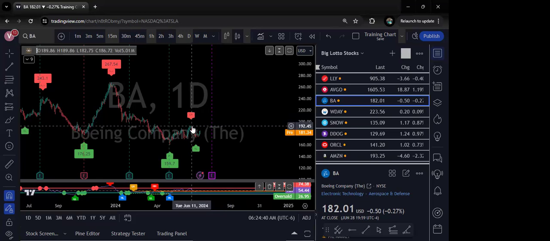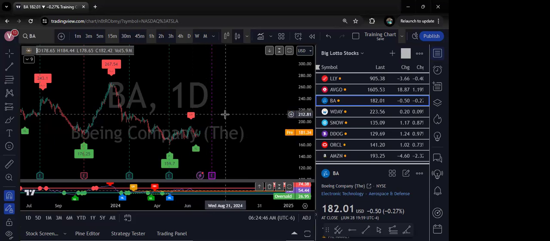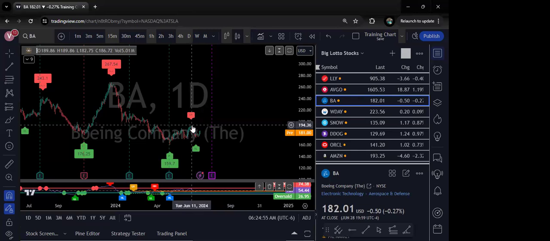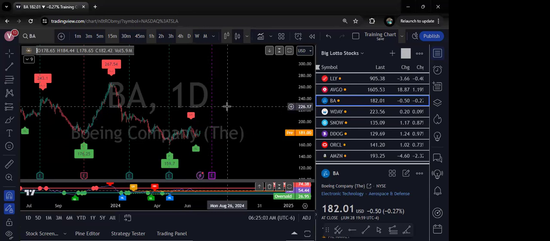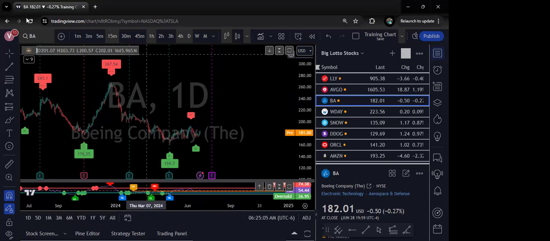Here it didn't even touch 200. So that's the level for those stocks that I said are key plays this month, especially those that have not made a 50% retracement. This is one of them, BA. So if you're looking at BA from today, that's the level. If it's bullish, it's supposed to go to 213.